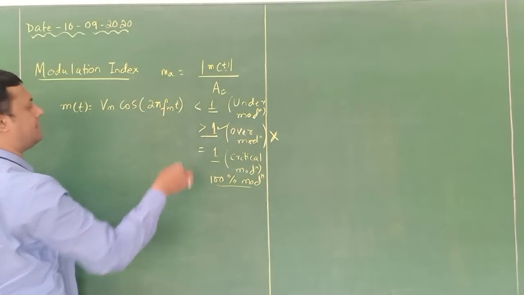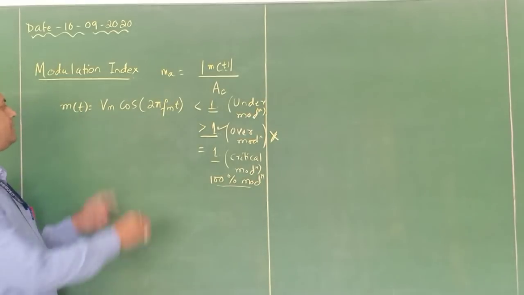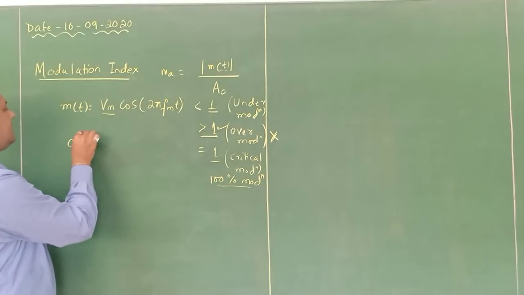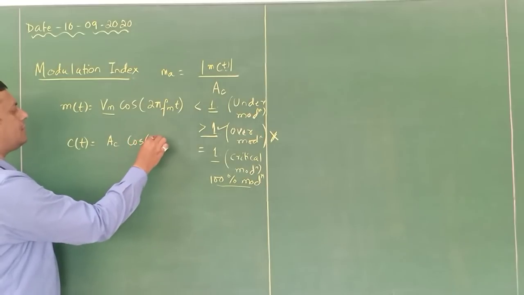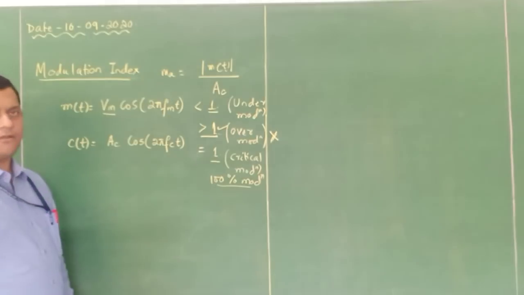I have considered that the message component is a cosine signal whose amplitude is Vm. Similarly, the carrier component is Ac cos 2 pi Fc t. So this is the carrier component.